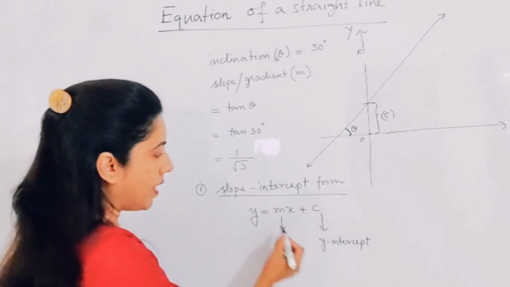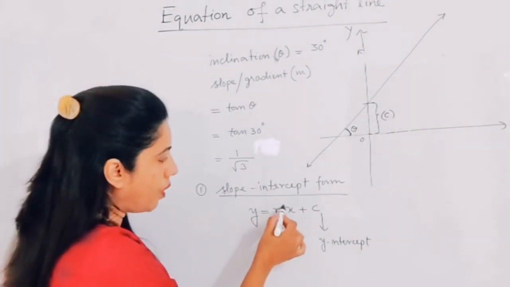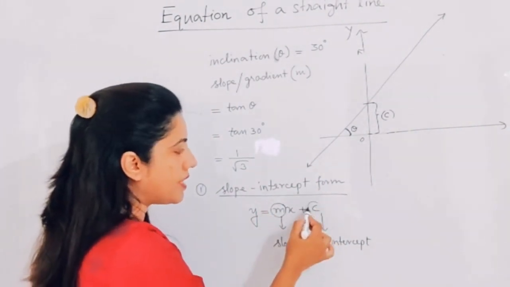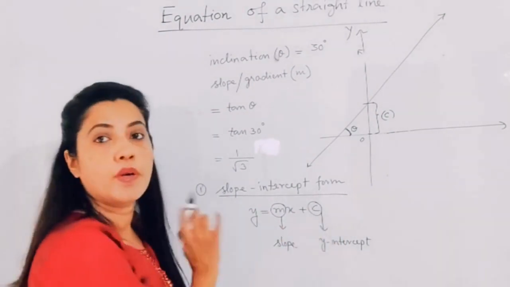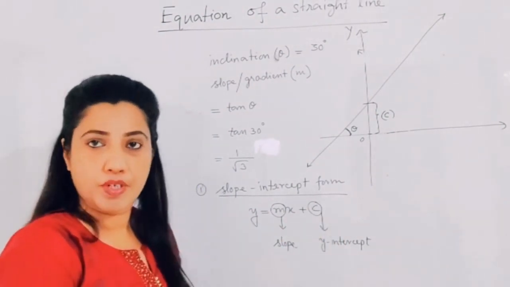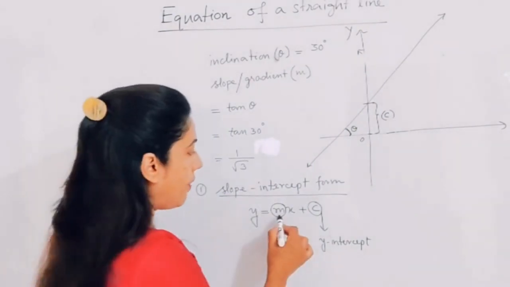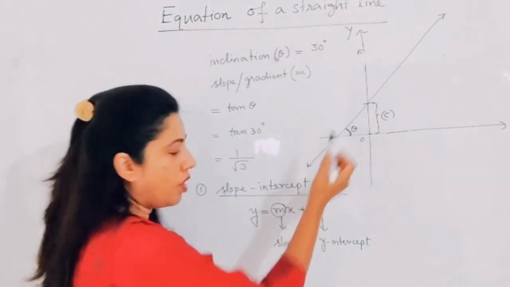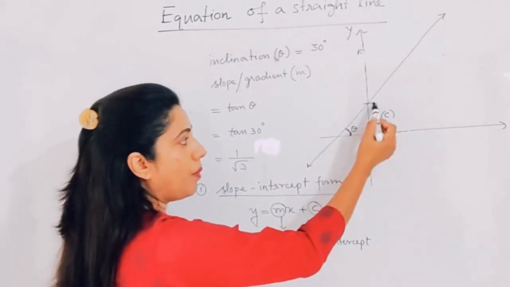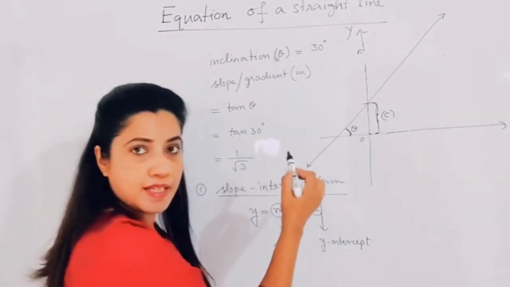From theta we can find out m. So if you put the value of m over here and c over here, we get the equation of a line. Since we are finding the equation of a line, definitely x and y will be there. We will find m from the inclination, and we will find c from this part, that is the y-intercept.